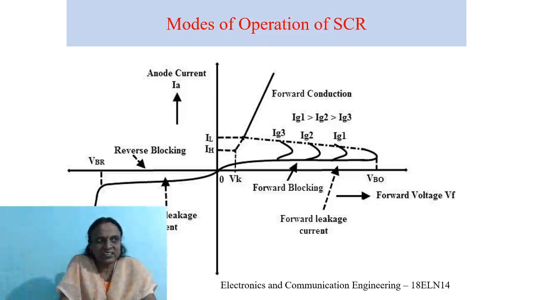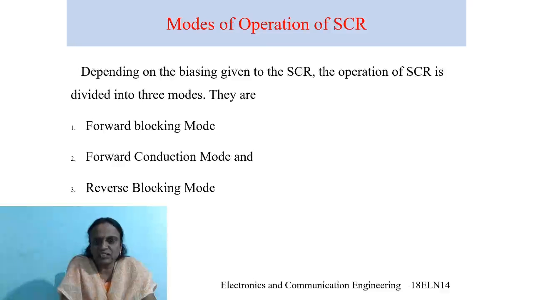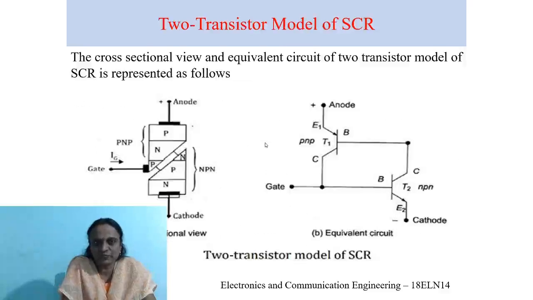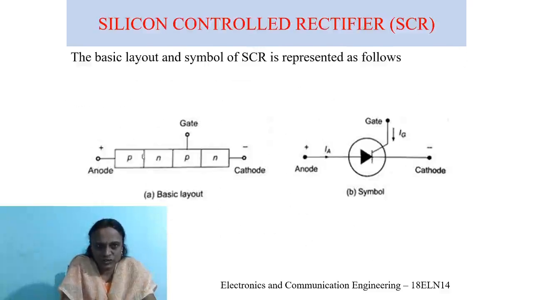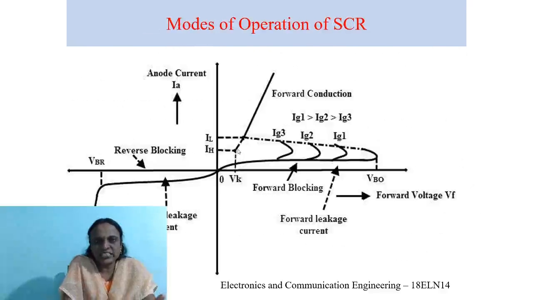In this state, the SCR is a three junction, four-layer device. Okay, it has three junctions, J1, J2, J3. So in this three junction, the J1 and J3 junctions are forward biased, and the junction J2 is reverse biased. Due to this, a small leakage current flows through the SCR until the voltage applied across the SCR is more than the breakover voltage of it.